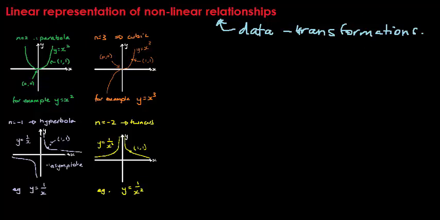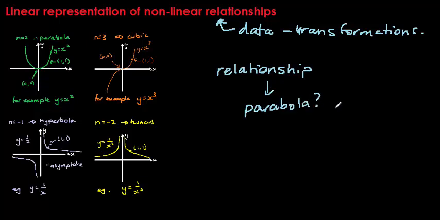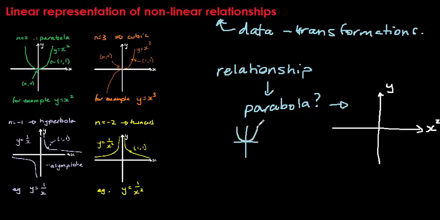For example, if my relationship forms a parabola, then I know that if I make axes with x squared as that variable, and y, then my parabola, which when I plotted x against y looked like this, will now become a straight line.